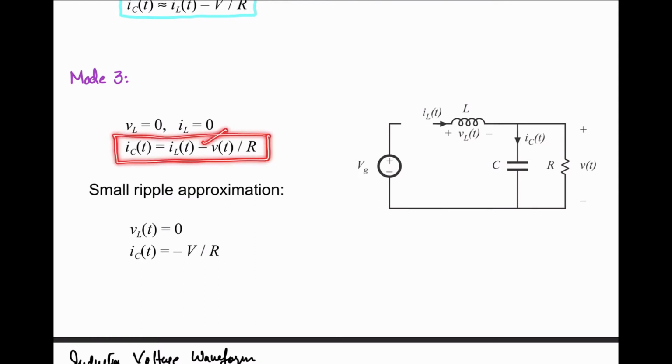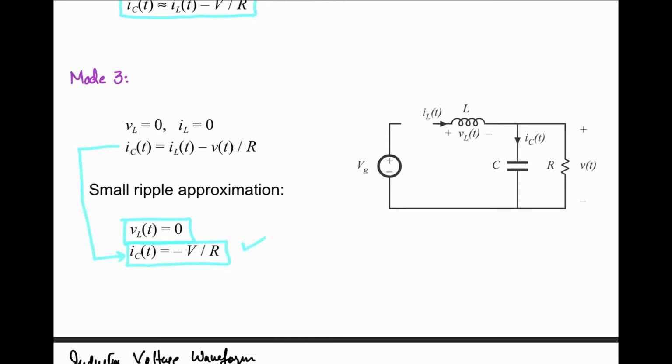Inductor current is 0, so that is simply equal to minus v(t) by R. And applying the small ripple approximation for the voltage, the inductor voltage VL is equal to 0, and the capacitor current can be written as minus V by R, right? So we have written the inductor voltage and capacitor current equations for all the three modes.